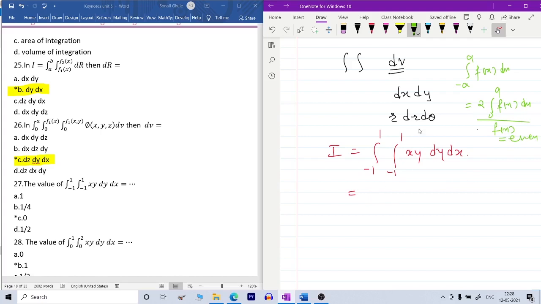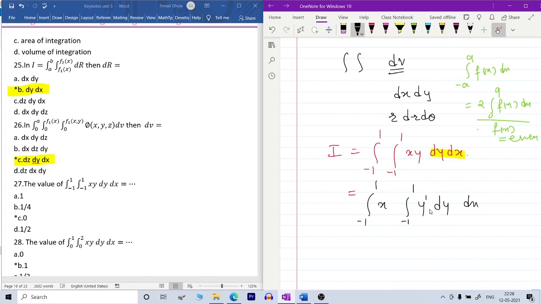As we can see, both the limits are constant, we have to go by the order. So integrating first with respect to y, keeping x constant. So here x will come outside and the integration will be of y. So this is with respect to y and then with respect to x. But as you can see, y is an odd function because its power is 1, which is odd.